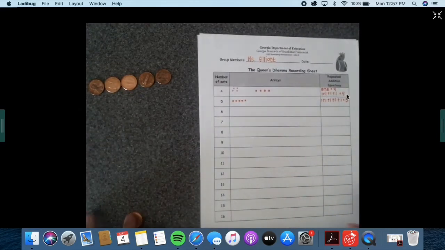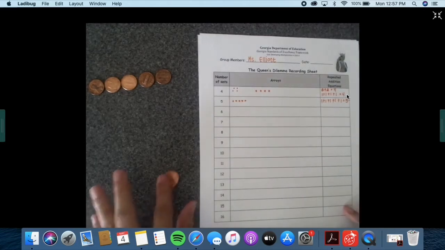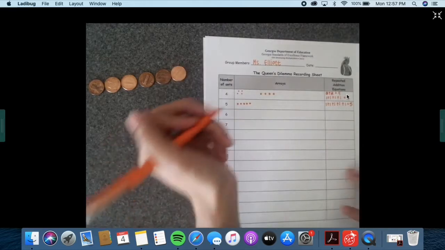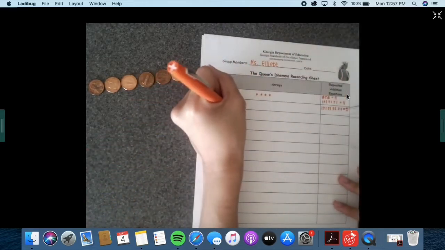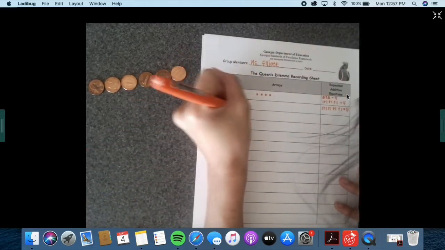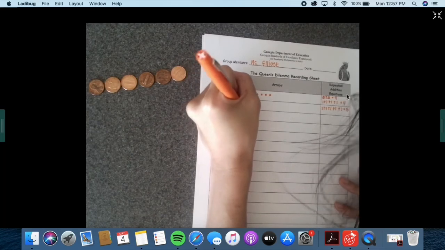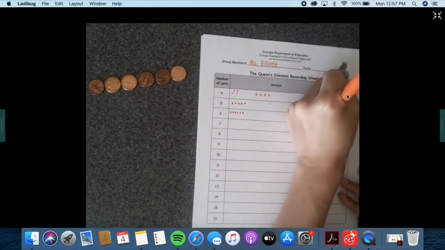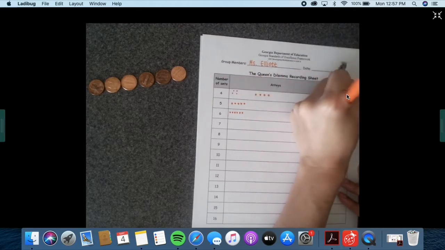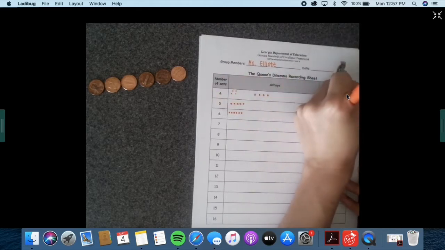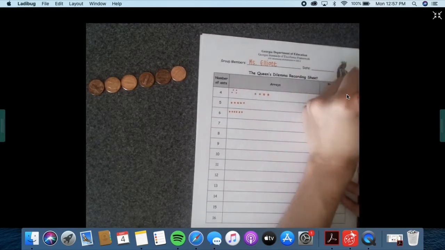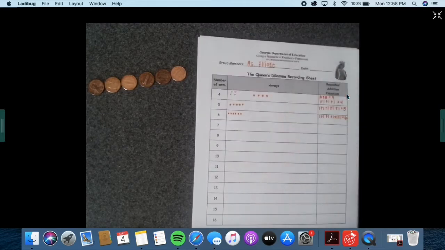My next one would be 6. So I could add 1 more penny to my 5. So it would look like this. 1, 2, 3, 4, 5, 6. So my equation could be 1 plus 1 plus 1 plus 1 plus 1 plus 1 is equal to 6.